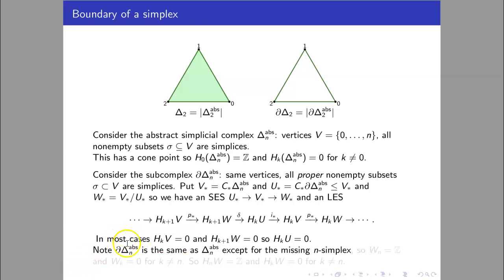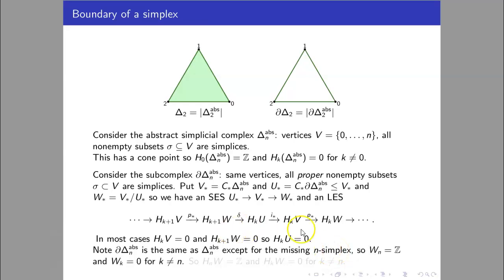The first thing to note is that if we look at this boundary of the n simplex, that's basically the same as the n simplex, except that the top full n simplex is just missing.